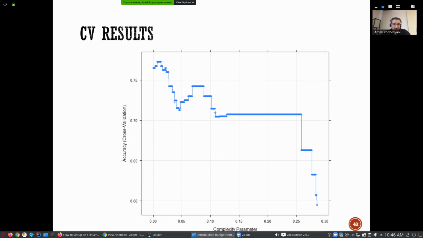Here you see we can draw the corresponding graph. Accuracy of the cross validation, which is the same as drawing the error rate, versus different complexity parameters. As we are trying to optimize the accuracy, we need to maximize it. So we take the maximum accuracy with the corresponding complexity parameter.